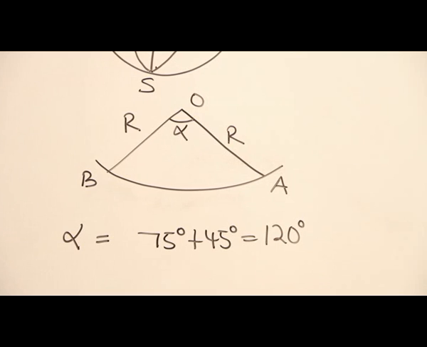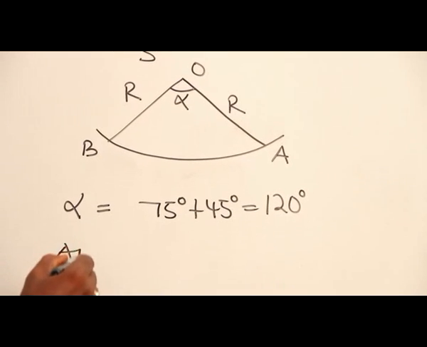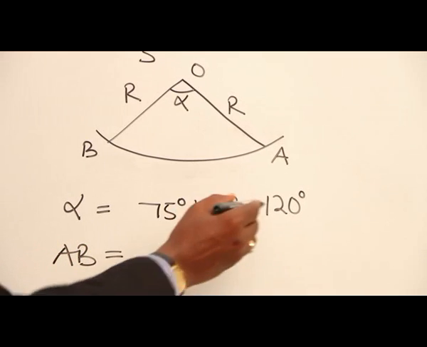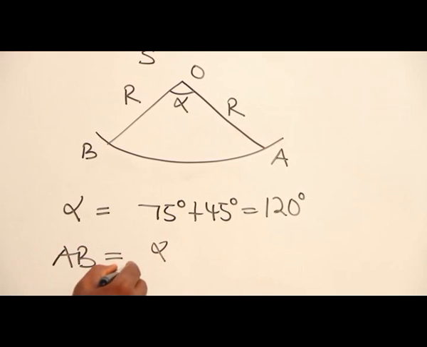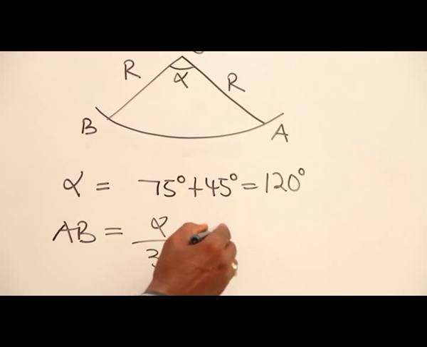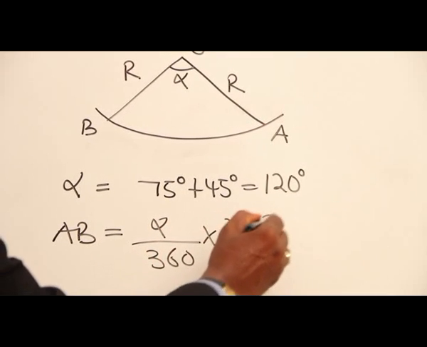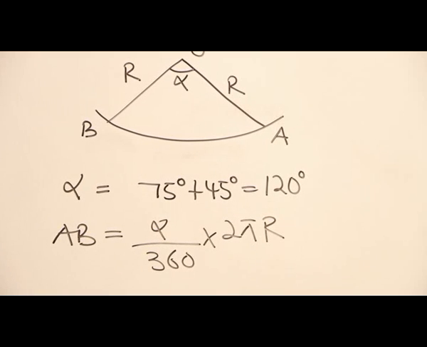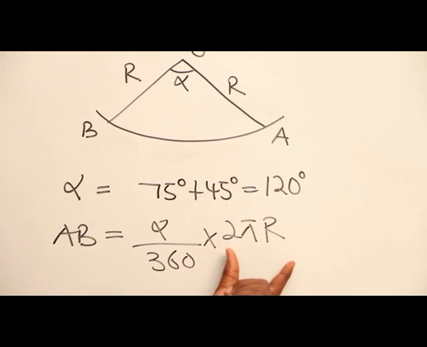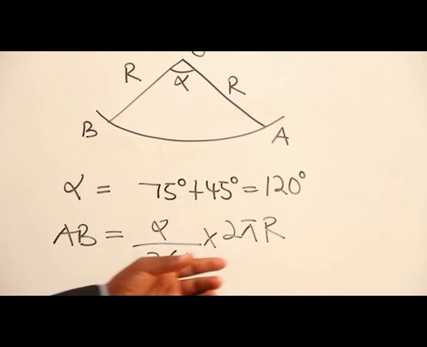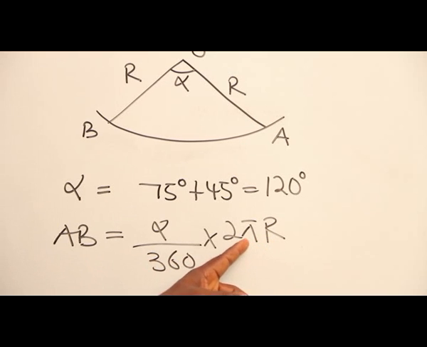Beautiful. Now with this done, we can write the distance AB is equal to the angular difference over 360 multiplied by 2 pi R. Usually, sometimes this 2 pi R is given to you as 40,000, assuming we are given that. Or on the other hand, we know the value of R, we know the value of pi, so we can use any of them.